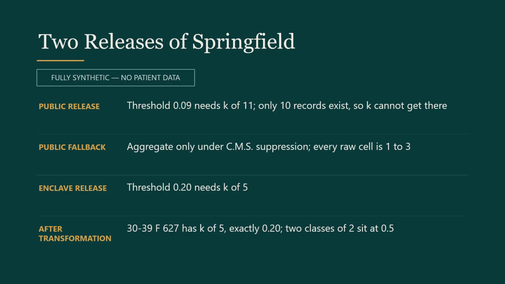The 30 to 39 female class in zip 3627 holds 5 records, R01, R02, R03, R09, and R10, so its risk is 1 over 5, exactly 0.20.